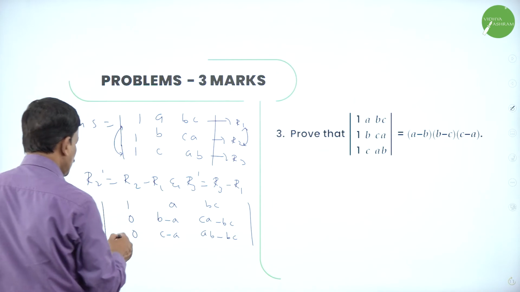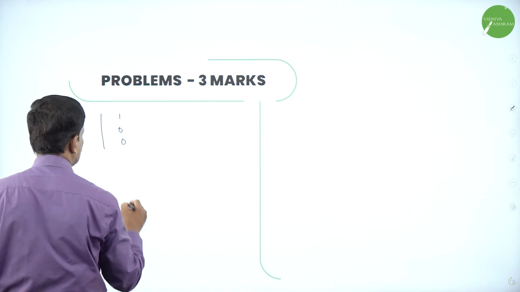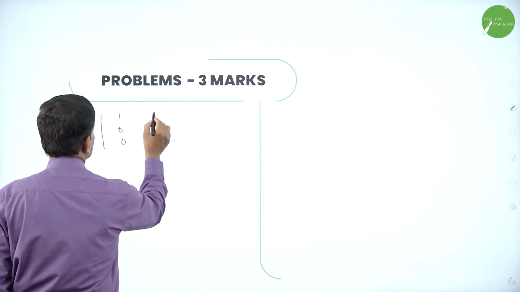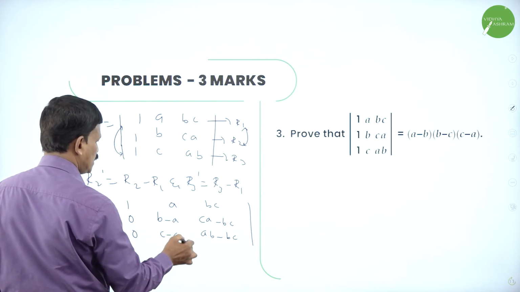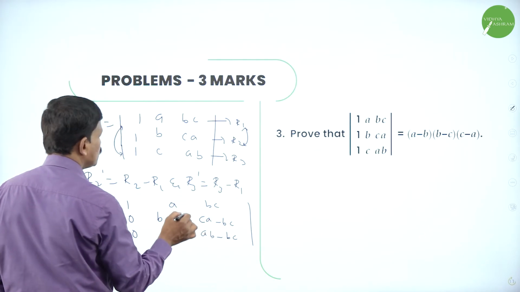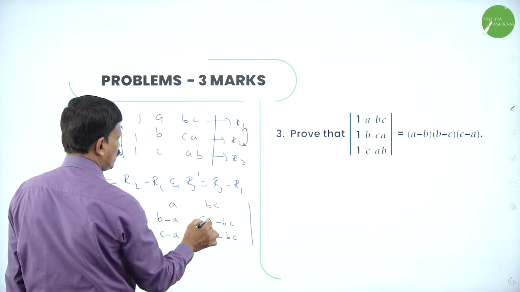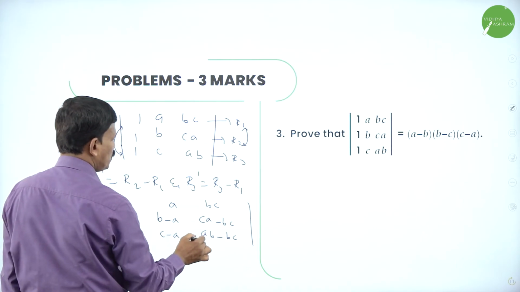In the first column we have 1, 0, 0. Then a, b minus a, c minus a. Then bc, ca minus bc, and last ab minus bc.